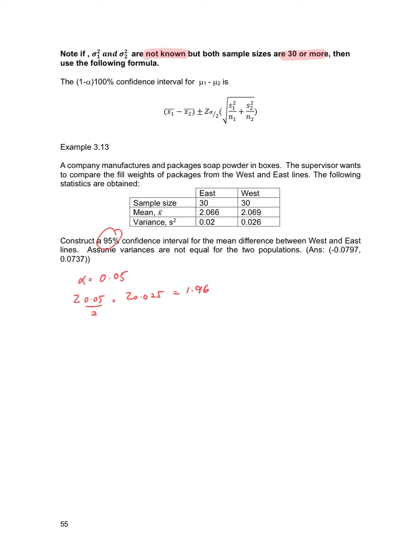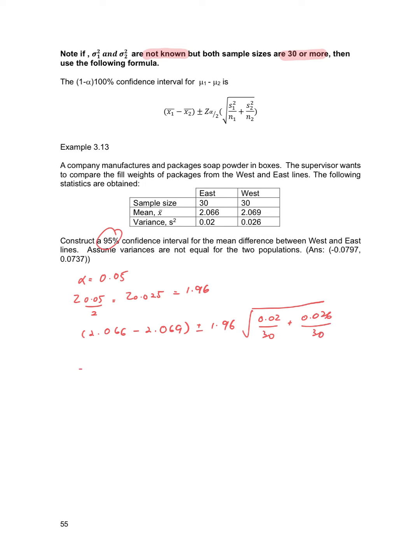Okay, so just substitute into the formula. X bar 1 is 2.066 minus x bar 2, 2.069 plus minus z alpha over 2 is 1.96 times the square root of variance for population 1 is 0.02 over 30 plus 0.026 over 30.